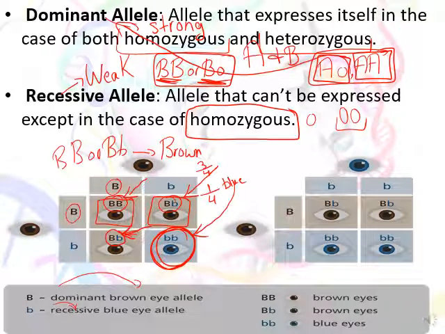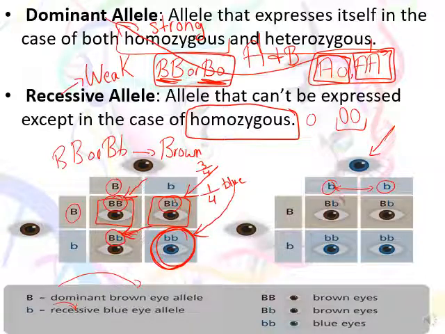While this individual has B small and B small, so it's recessive, and it's expressed here. So it has blue eye color. It also confirms that the recessive allele cannot be expressed unless in the case of homozygous.